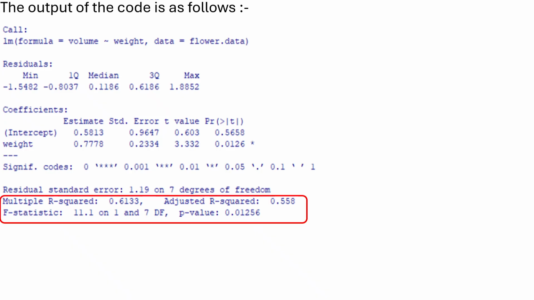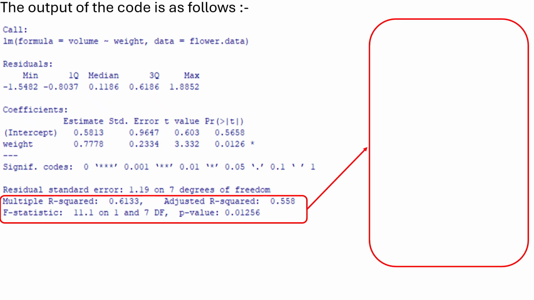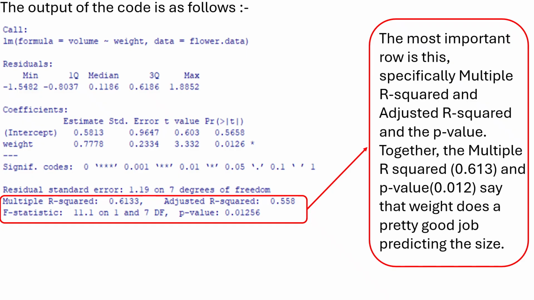So here you can see these last two rows are very important. Here we have the multiple R squared and the adjusted R squared, with values of 0.6133 and 0.012 respectively for R squared and p value, and these digits describe that the weight has done a pretty good job predicting the size.